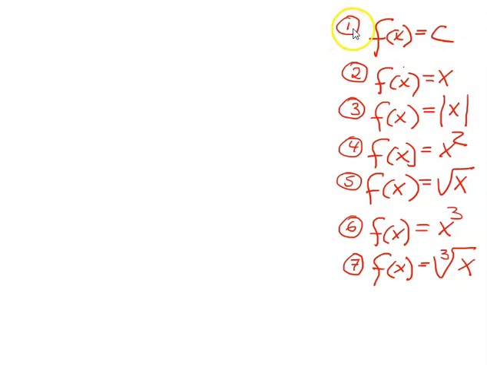So here, the first function, and there are 7 major ones, is just the function of a constant. Here, the function is just going to be equal to x. Here, the absolute value of x. Here, x is going to be squared. Here, x is the square root of, and cube x, and the third root of x.